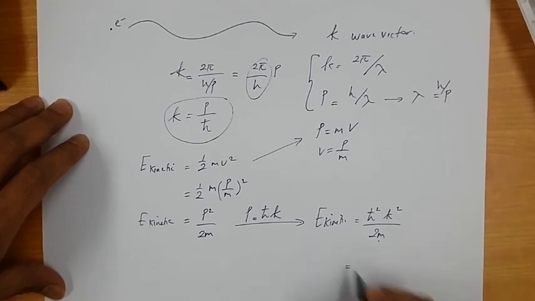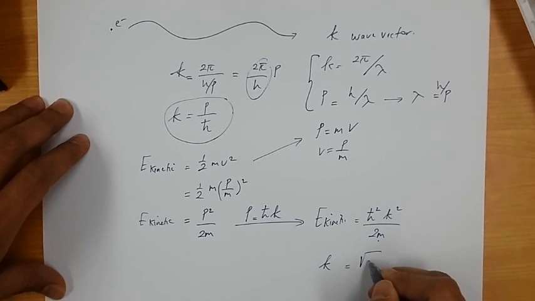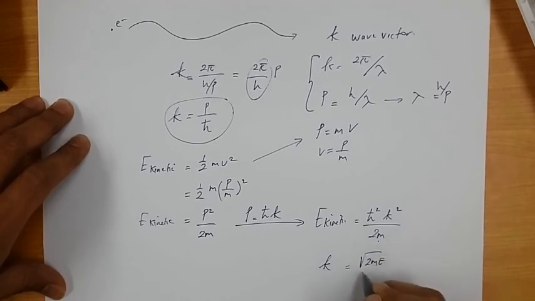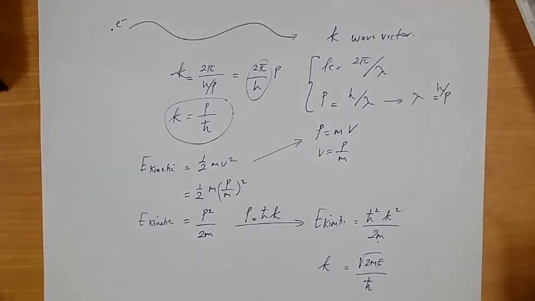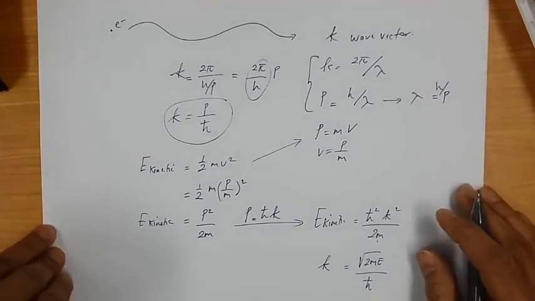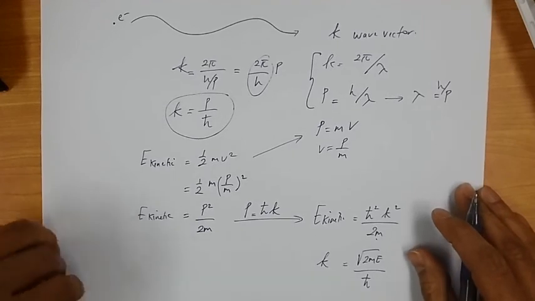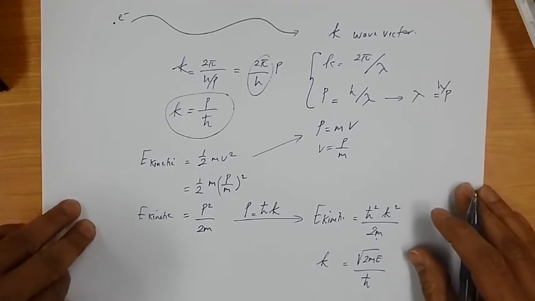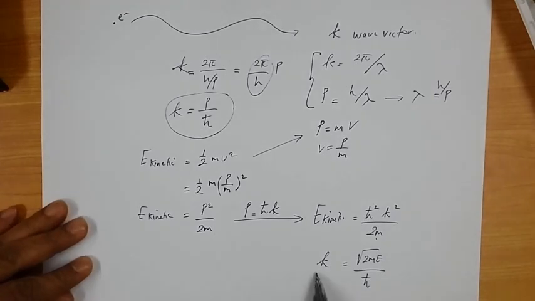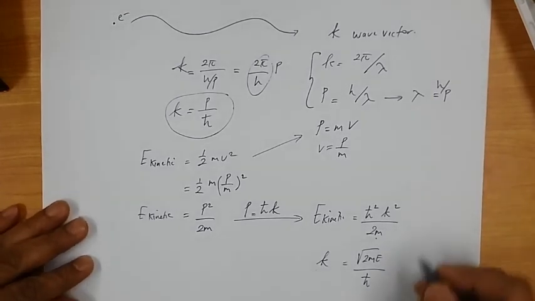If I wanted to describe the wave vector, it would be the square root of 2mE over ħ. So we have a correlation between the wave vector and the kinetic energy.